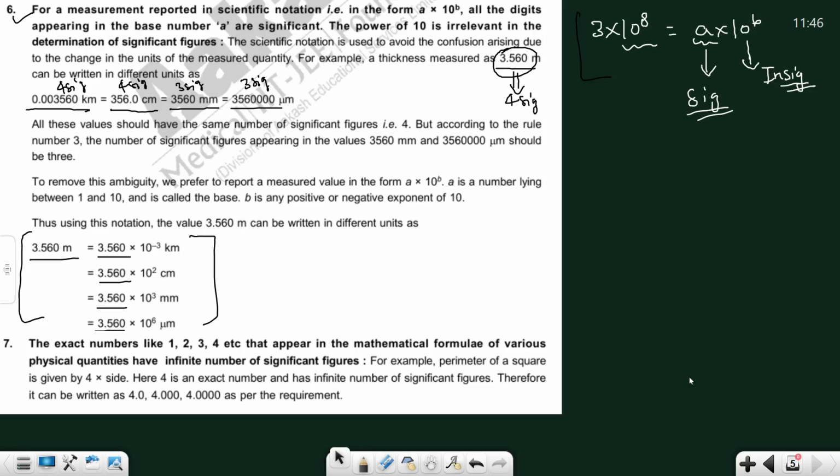Rule number 7 says that exact numbers like 1, 2, 3, 4 appearing in mathematical formulas of various physical quantities have infinite significant figures.